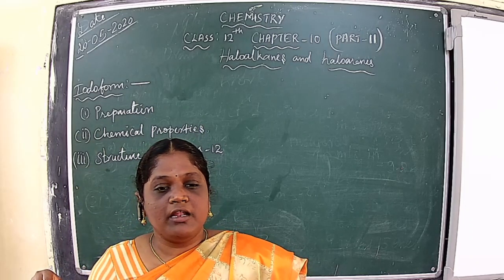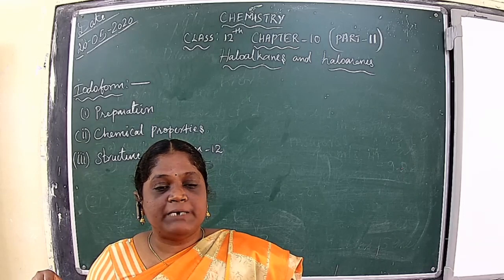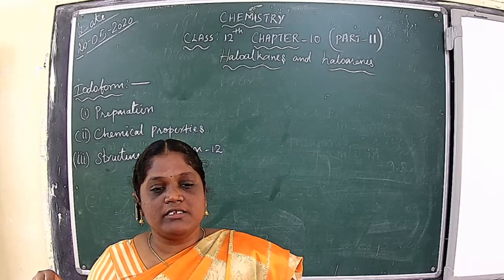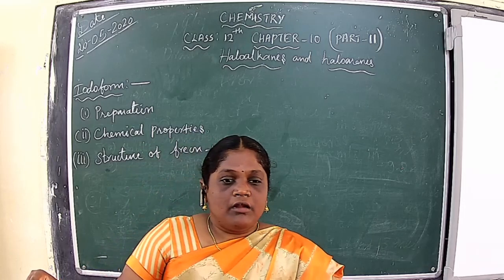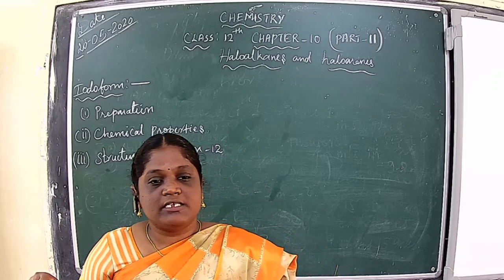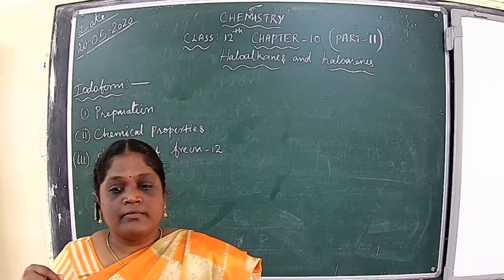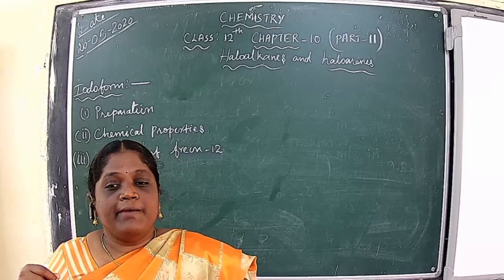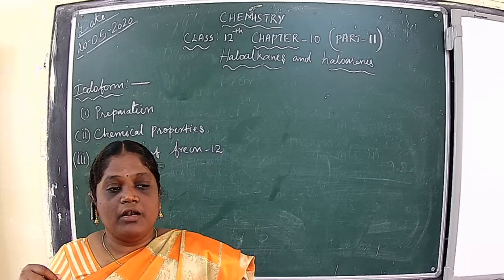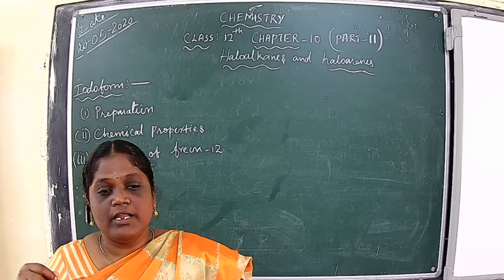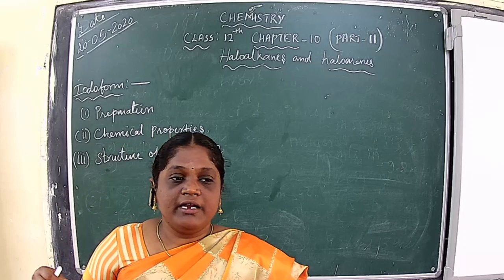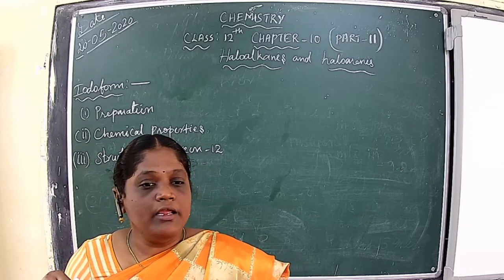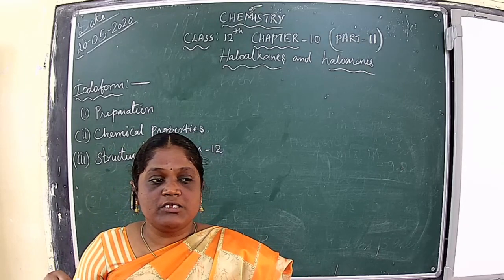This is my 11th video of chapter 10, haloalkanes and haloarenes. Last class we discussed the chemical properties of haloalkanes. The last one is reacts with metals. After that we have seen polyhalogen compounds.